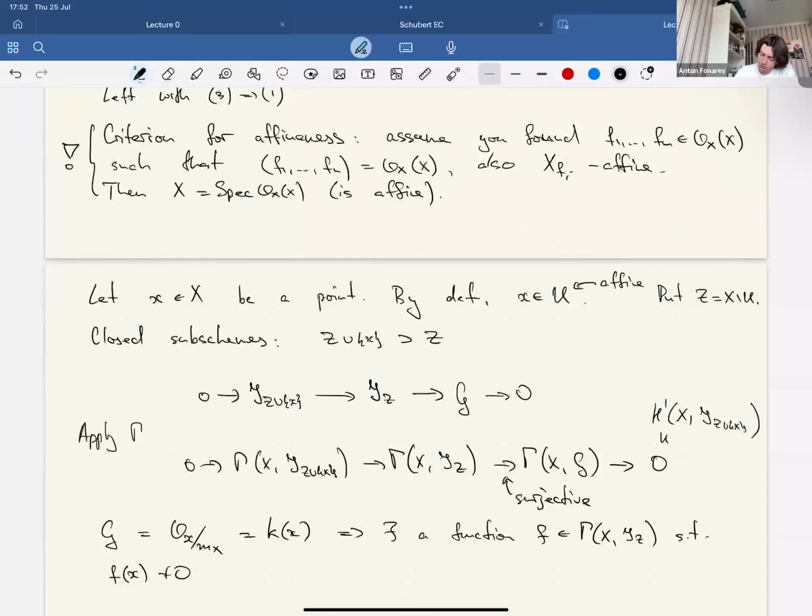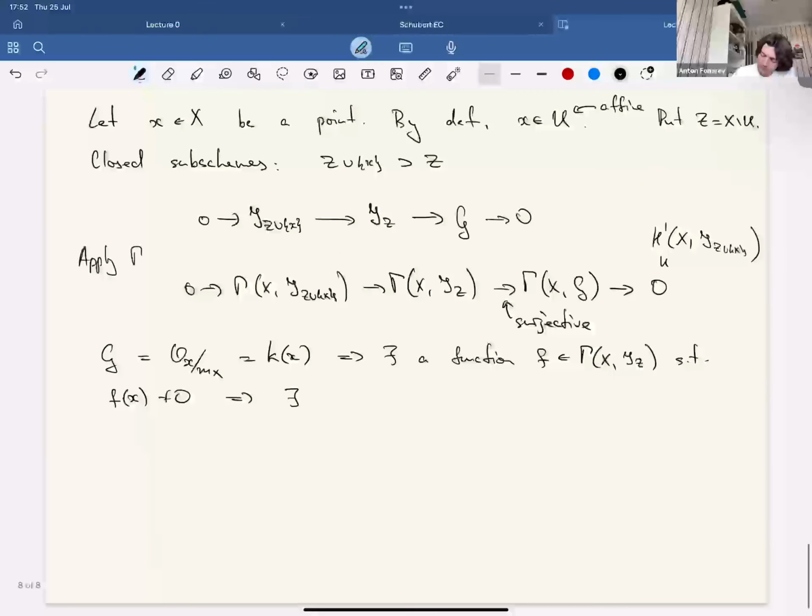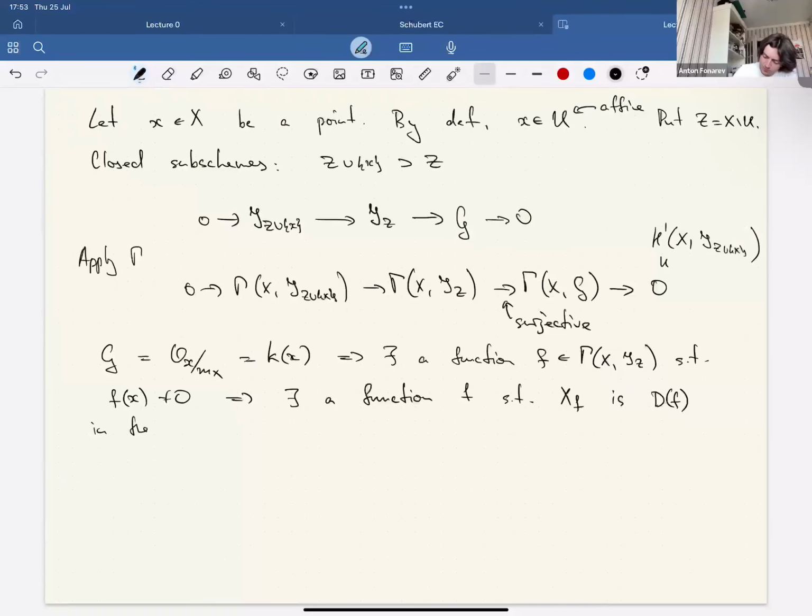So we conclude that there exists a function f such that X sub f is D of f in the corresponding U, which implies that it is affine.